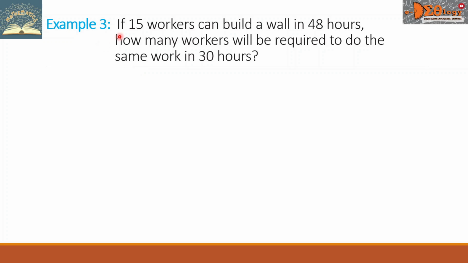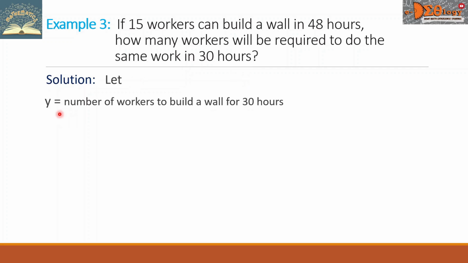Example 3. If 15 workers can build a wall in 48 hours, how many workers will be required to do the same work in 30 hours? We let y equal the number of workers to build a wall in 30 hours.